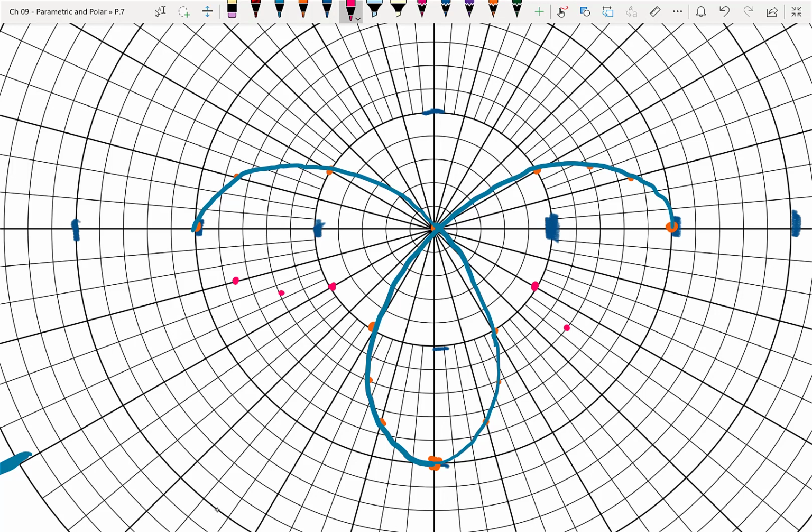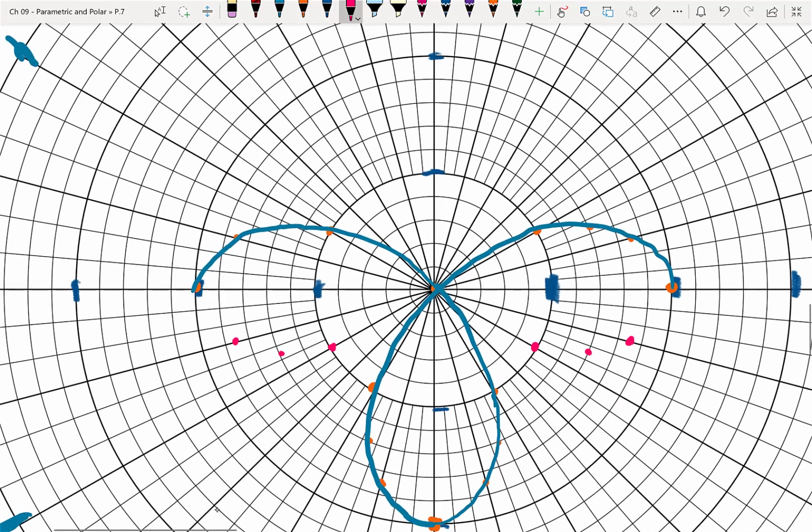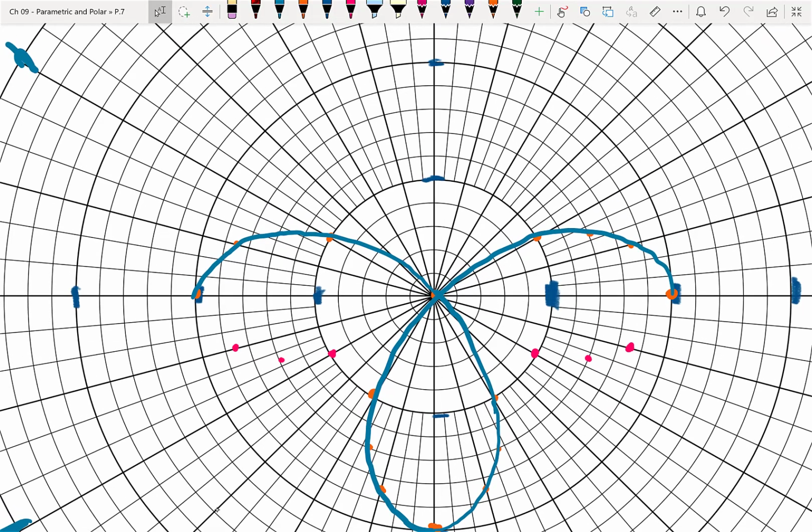So, see, this one goes inwards, not outwards. In, then in, and then back. And then up here, I've got to get these points going. So there, and there, there, and there, and then here, and here.